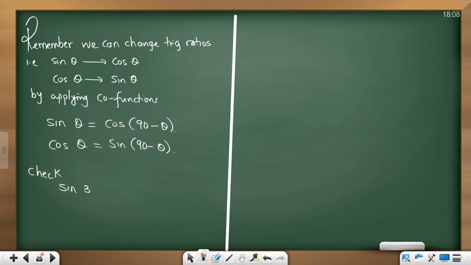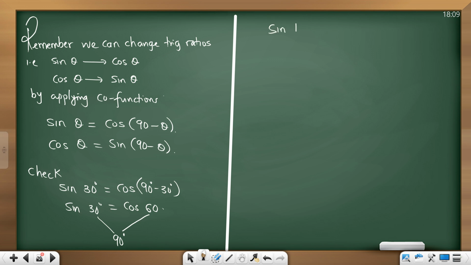If you want to check, let's check. If I have sine 30, I want to change it to cos. Cos of 90 minus 30, which is cos 60. Take note of this. We'll need this throughout. This and this must sum up to 90 degrees. That and that, the addition, they are called complementary angles.